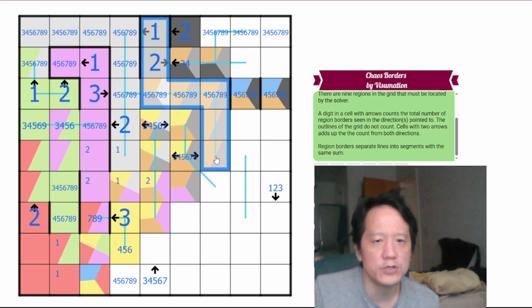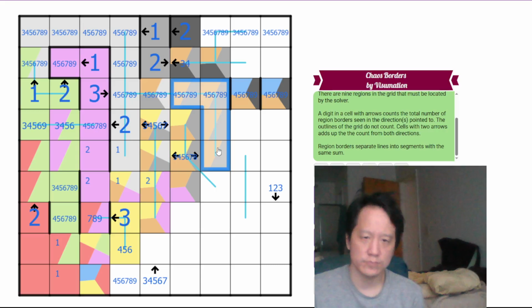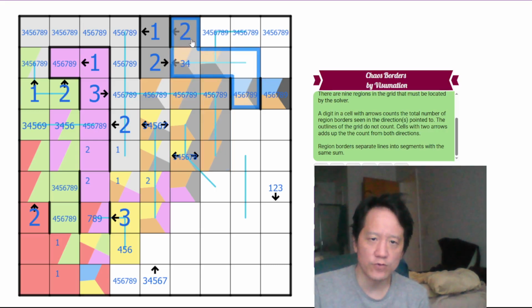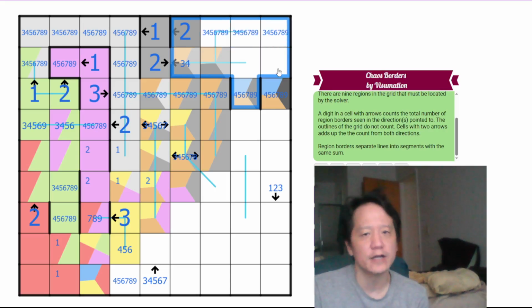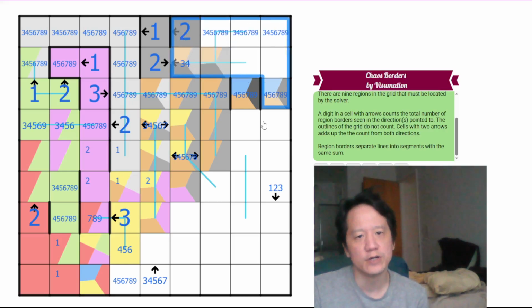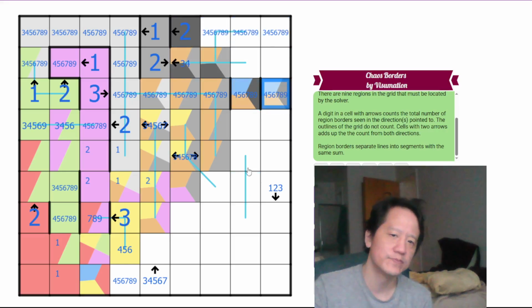So this is all the same region here. This could technically be 1, 2, 3, 4, 5, 6, 7, 8, 9. And then this would be a separate region. So this does not have to be a separate region as this. This could also be 1 through 9, and then this could be there.